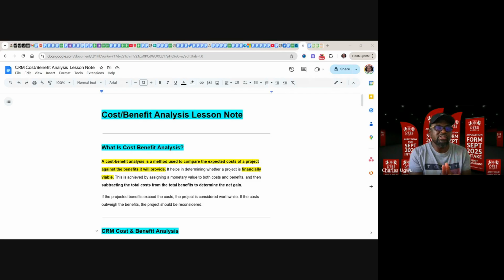So if you implement a system that can help you become GDPR compliant, automatically it is saving you up to the £10,000 fine you would have paid. So these are some of the benefits. You can see there are so many benefits, but so many benefits cannot be monetized. So many benefits, they can.